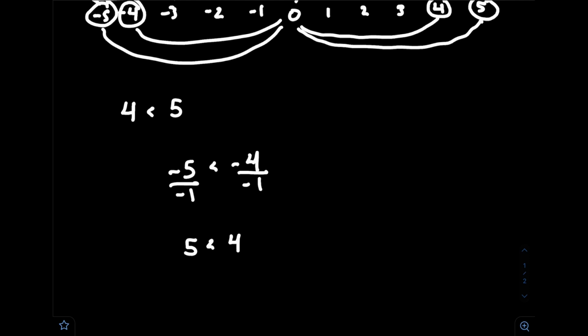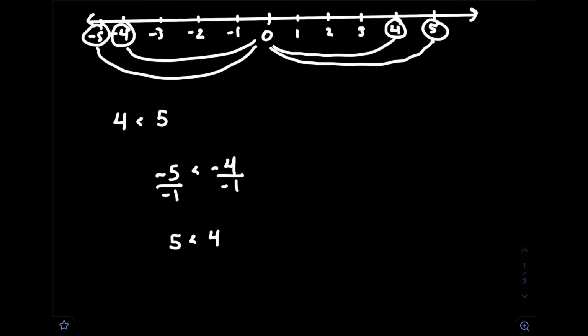So ultimately, the reason why you have to flip the sign when multiplying or dividing by a negative is because when you look at a number line, on the negative side, everything is flipped. So the further away a negative number is from 0, the less it is. And likewise, the closer a negative number is to 0, the greater that number is.